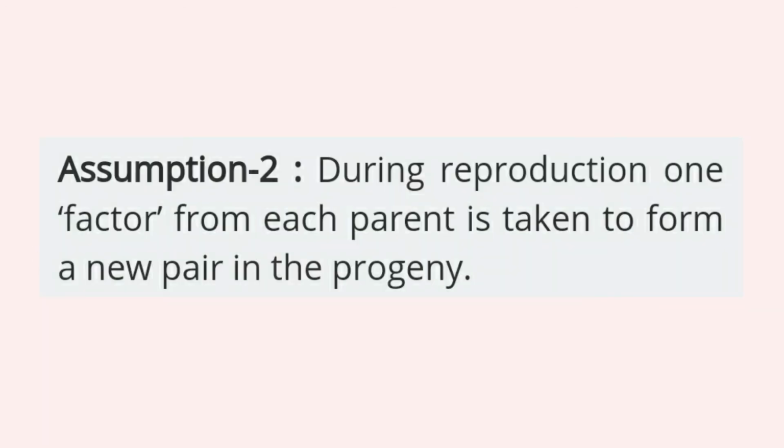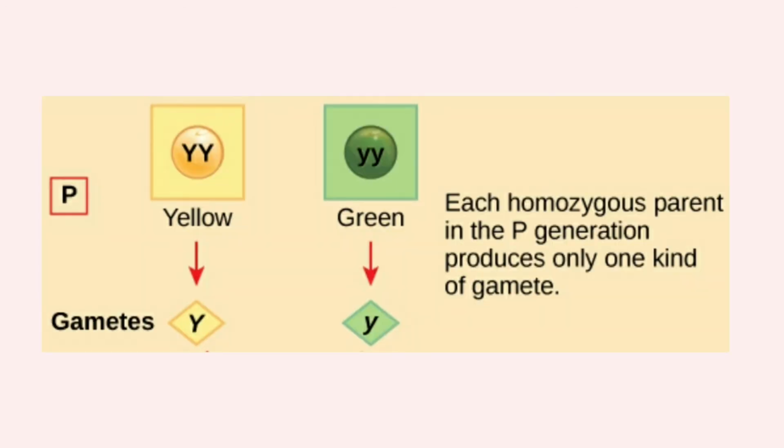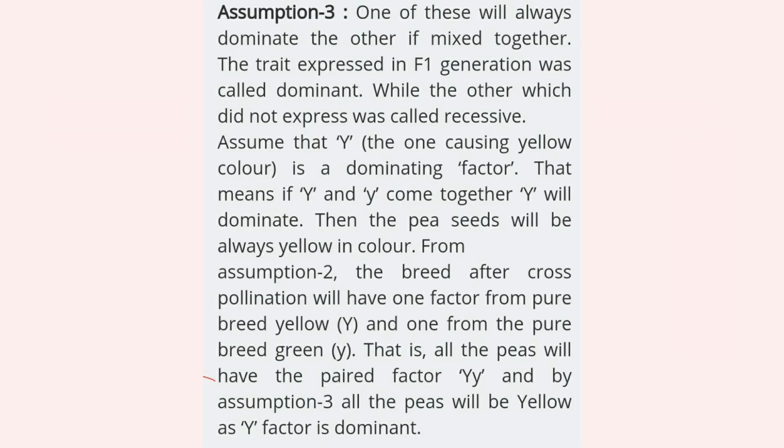The second assumption is that during reproduction, one factor, that is one gene from each parent, is taken to form a new pair in the progeny. Assumption 3: one of these will always dominate the other in terms of expression of a trait. If they are mixed together, only one will dominate.